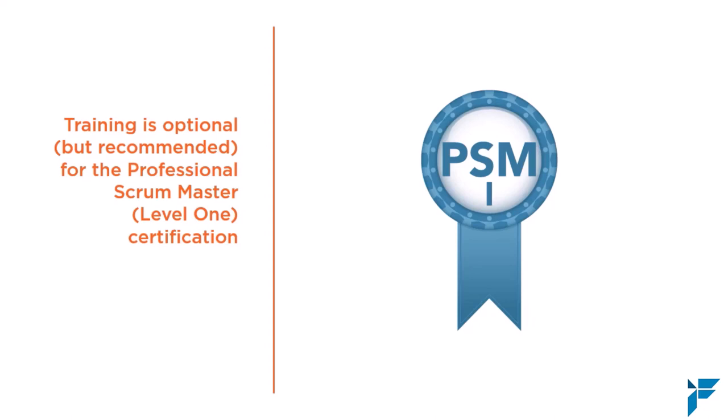My Pluralsight course is going to help you pass the PSM exam. Since there is no training requirement before taking Scrum.org's PSM Level 1 exam, there is an exam cost of only $150 USD. That's a lot less than paying $1,000 or $1,300 for a 2-day training and an exam, especially if you don't need the mandatory 2-day training.